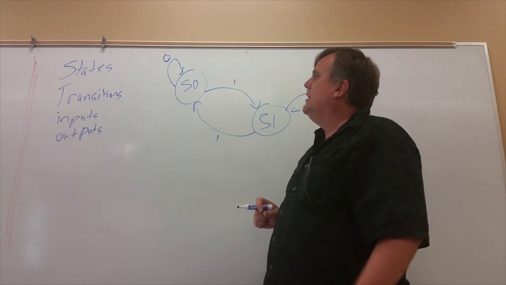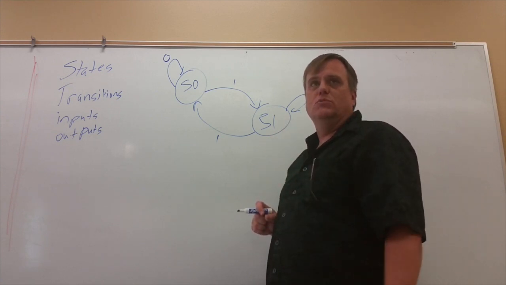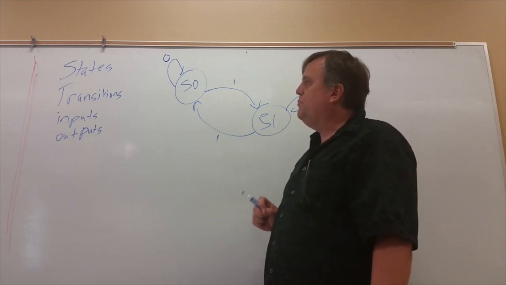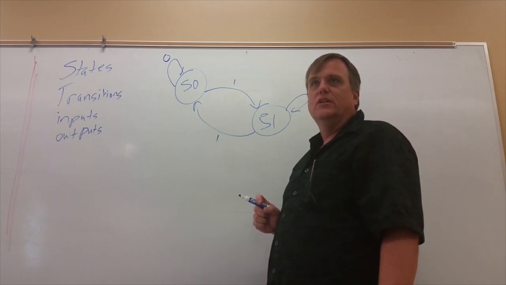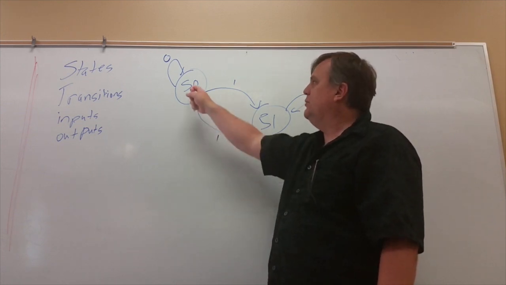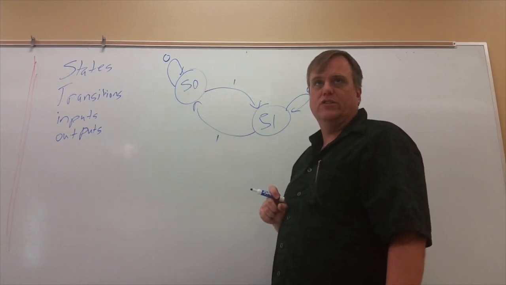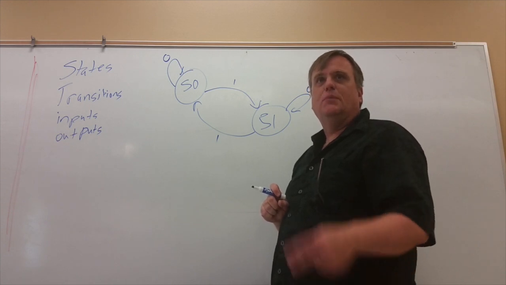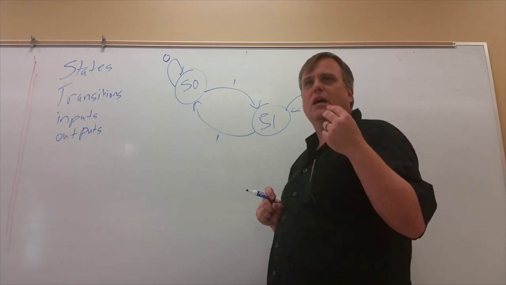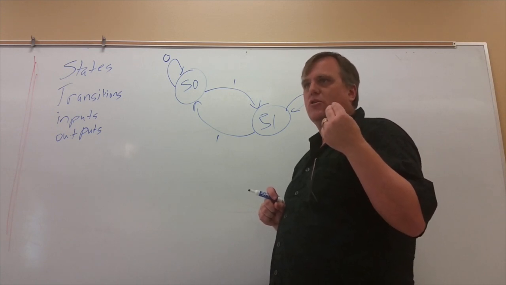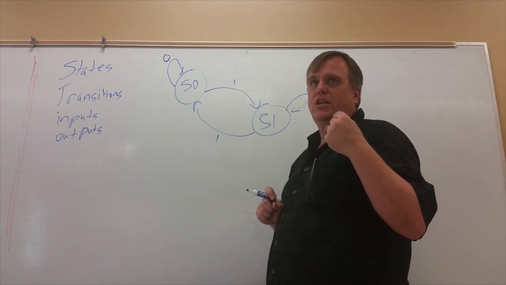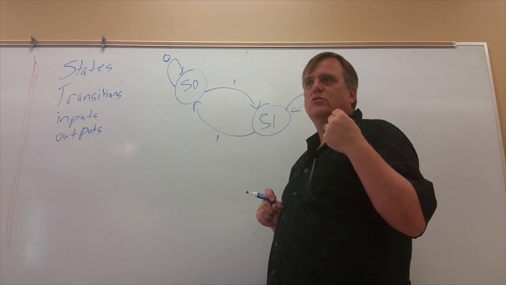Right? Now, the difference comes on where do I put the outputs. There's 2 different locations. It could either be in the states or it could be on the transitions. Anybody know the name of the 2 types of machines? Mealy and Moore. Okay? Where does Mealy put its outputs?